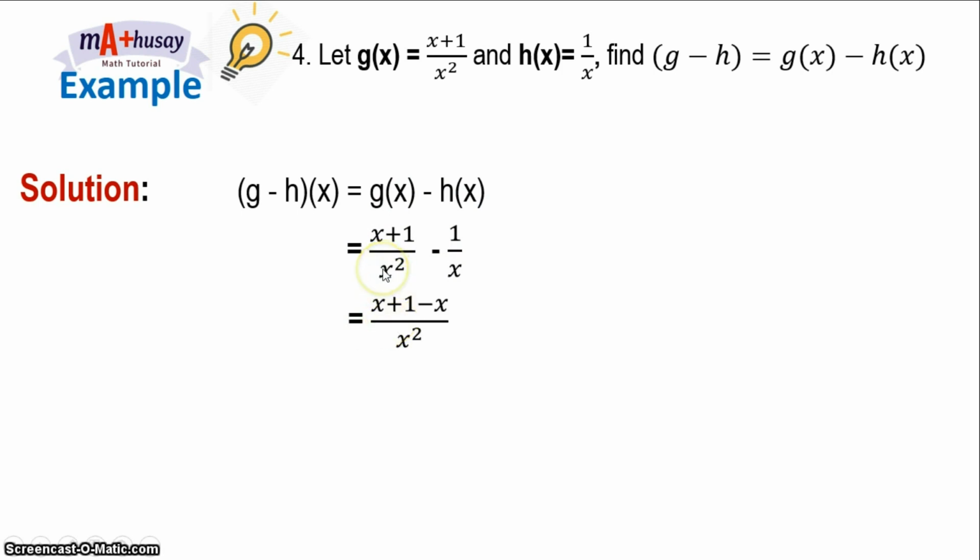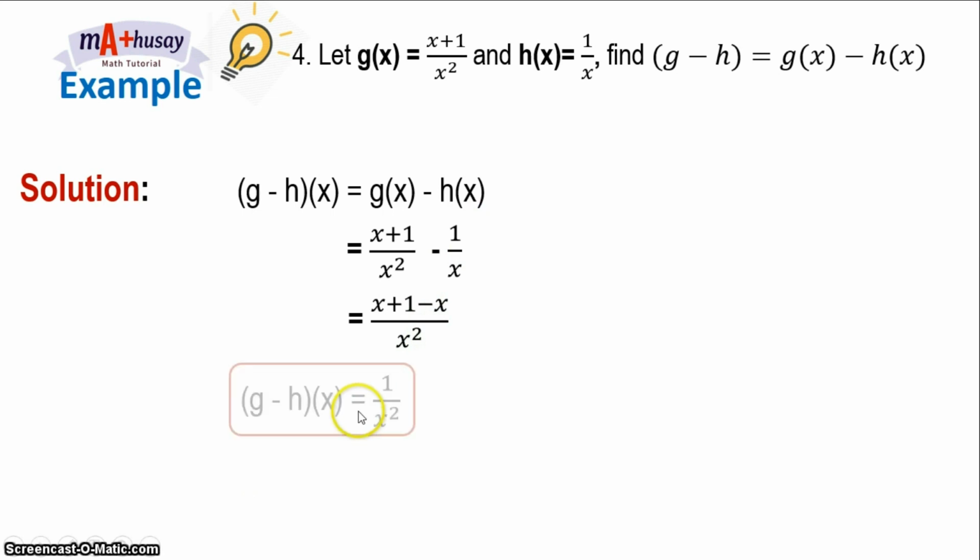So, x squared divided by x squared is 1 times x plus 1 is still the quantity of x plus 1. Now, sa kabila naman, dahil ang ating LCD ay x squared divided by x is x times the negative 1, you'll have negative x.